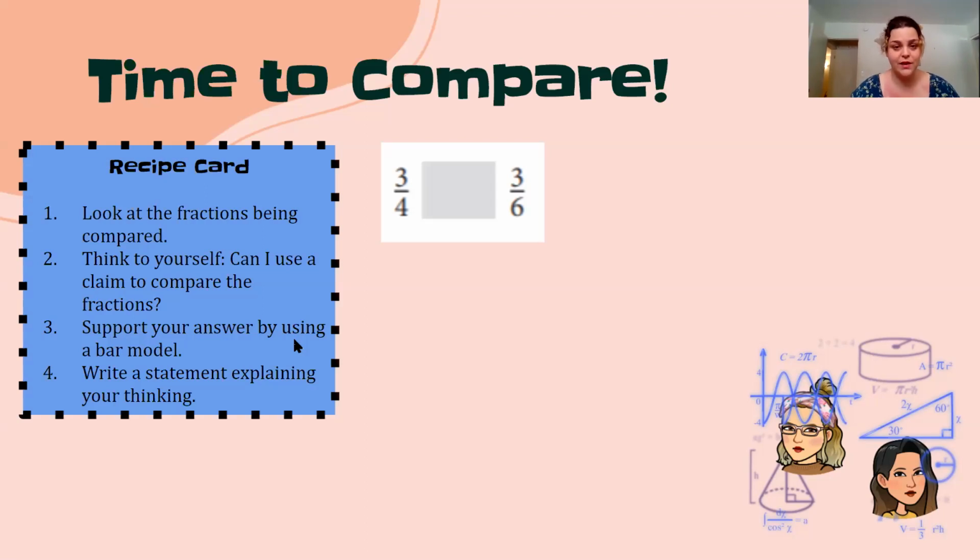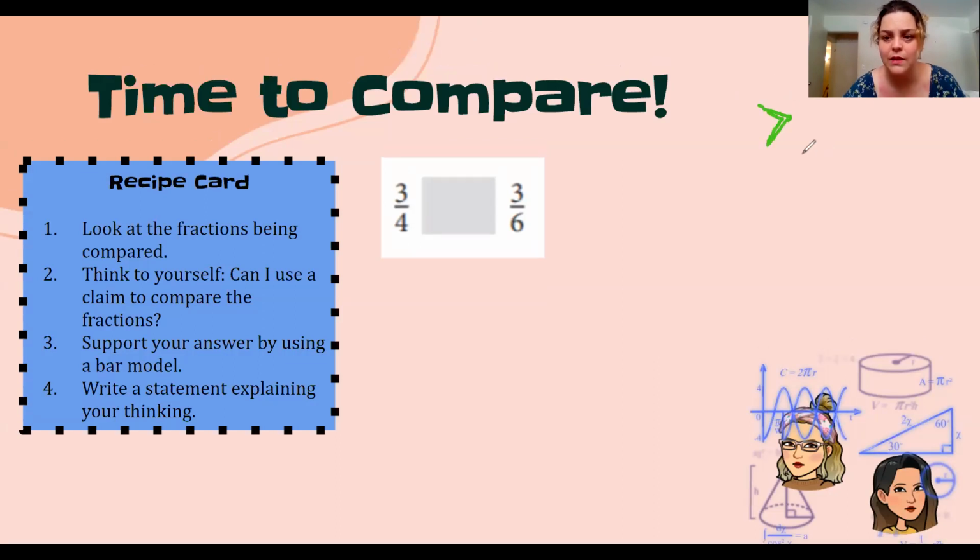So now it's your turn. I want you to write this recipe card down and you're going to compare this fraction. You're going to tell me whether 3/4 is, I'm going to write the symbols so you remember the symbols, greater than, less than, or equal to 3/6. So pause the video so you can write the recipe card, write your comparison for 3/4 and 3/6.